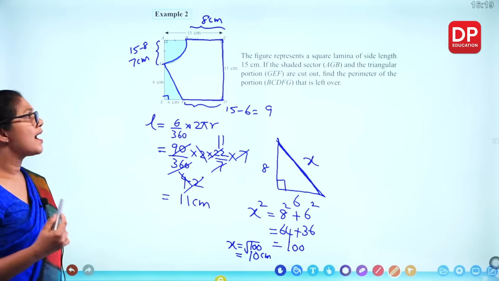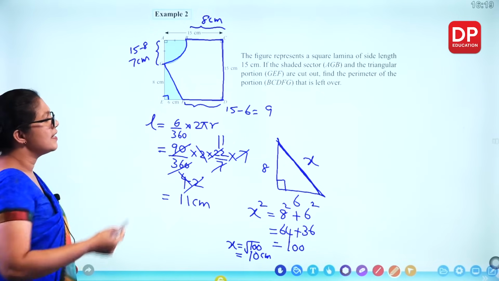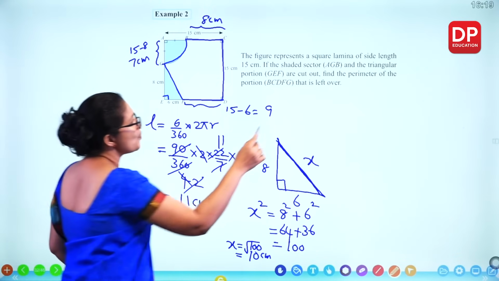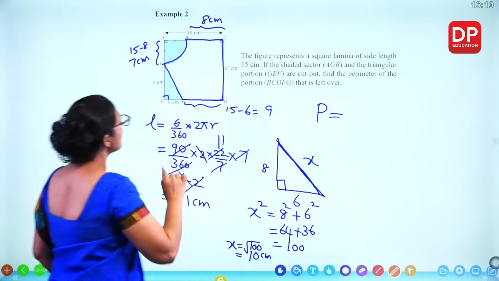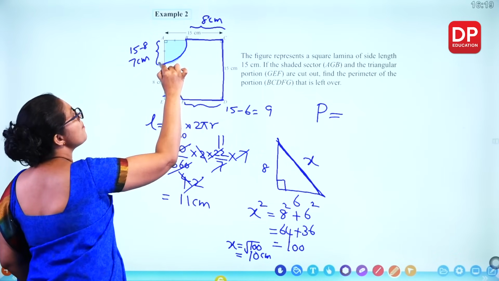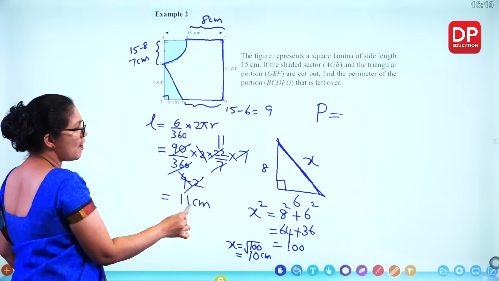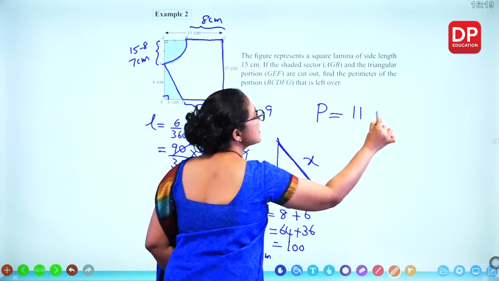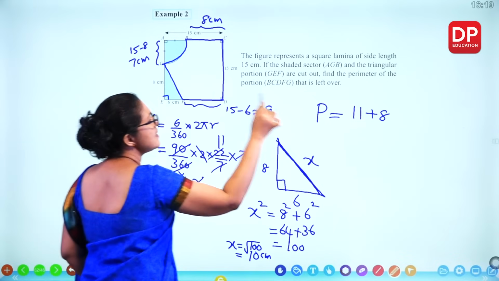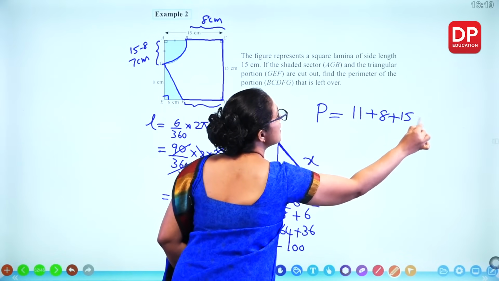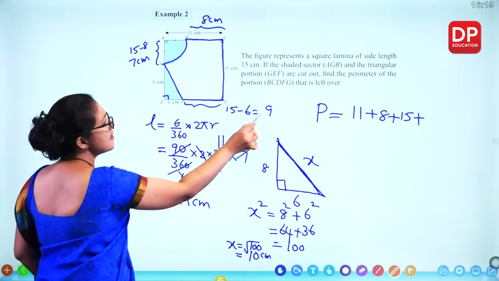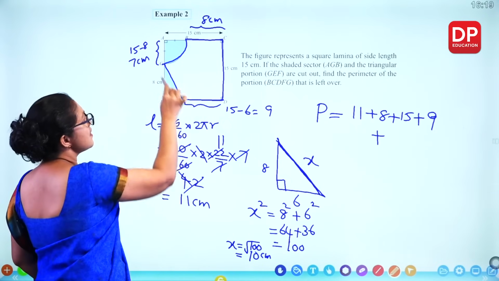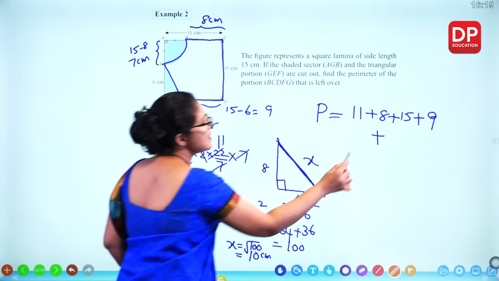So how can we find out the perimeter of this figure? We can add all the sides. Now we'll do that. I'll start from here. What's the arc length we found? We found 11. Then we have to add 8. This side is 15. And this length is 9. And this length we found as 10 centimeters.